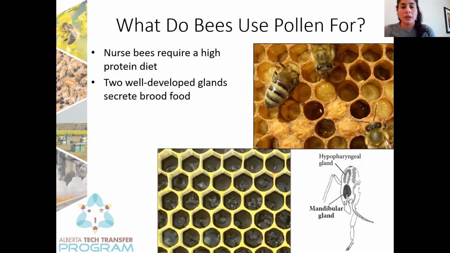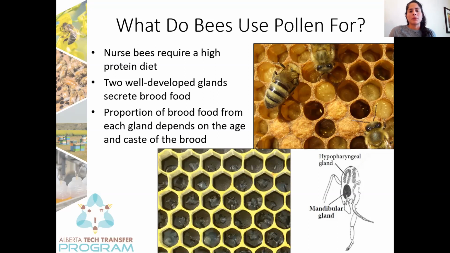As you can see here, the very young larvae in this photo are fed this jelly-like substance that you see, and that's the brood food. It's kind of a whitish secretion. So again, it's not from the pollen. It's brood food. Very little of it is actually pollen.